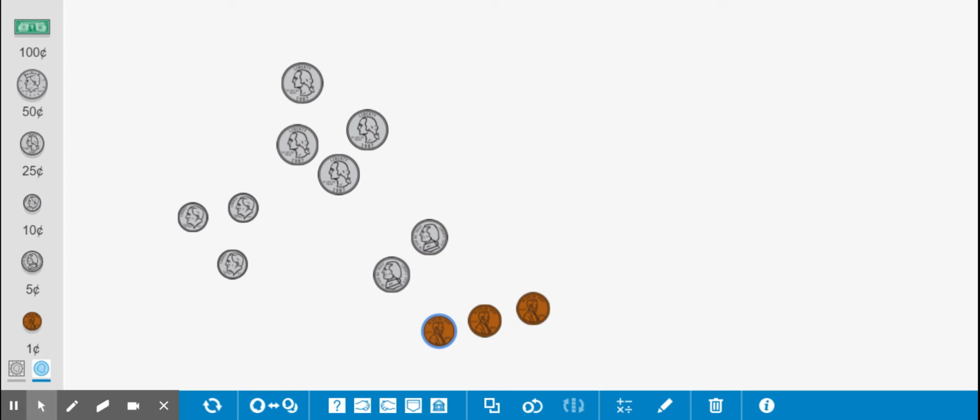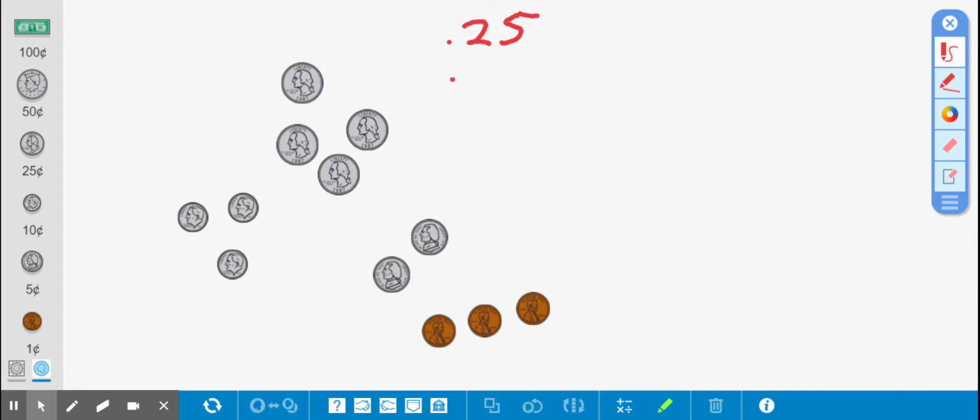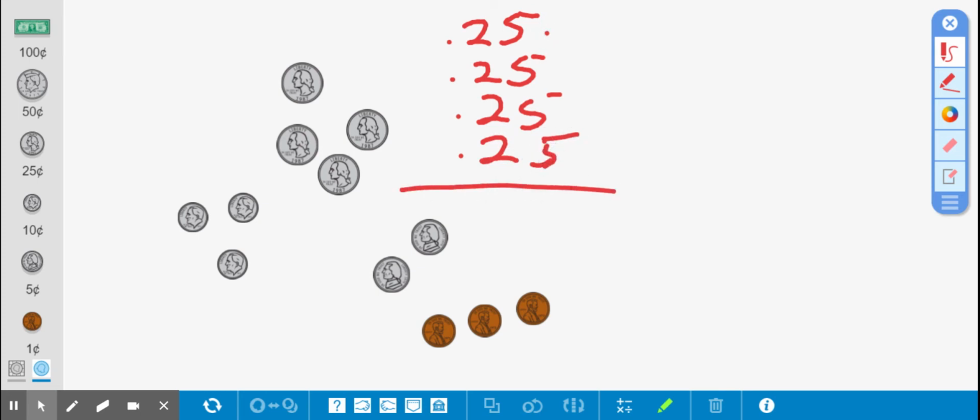So what we'll do first is we'll start with the quarters, all right? So if we have 4 quarters, that would be 0.25 plus 0.25 plus 0.25 plus 0.25. Doing this algorithmically, we know that 25 plus 25 plus 25 plus 25 is 100, or doing it algorithmically, we can do 5 plus 5 is 10, 15, 20.